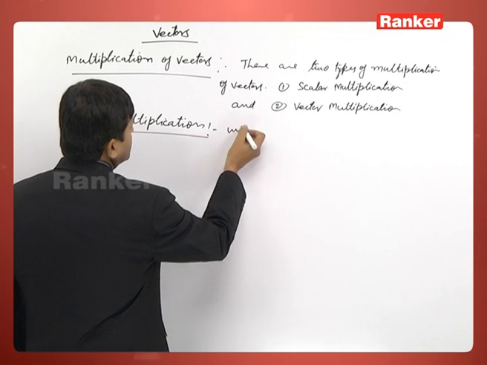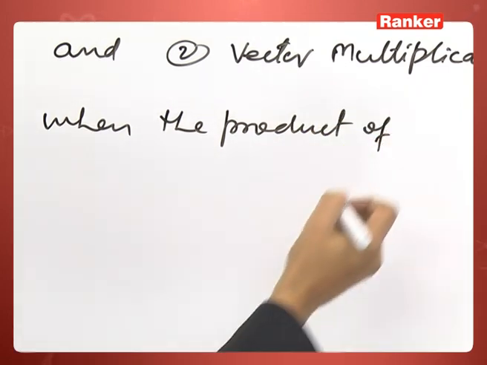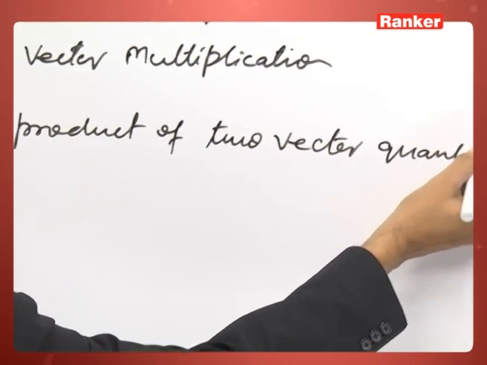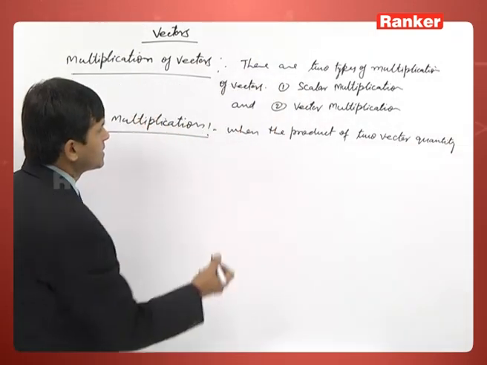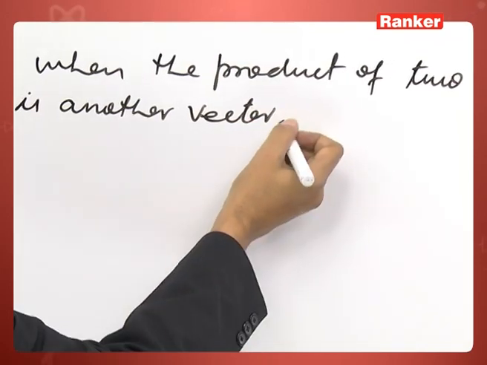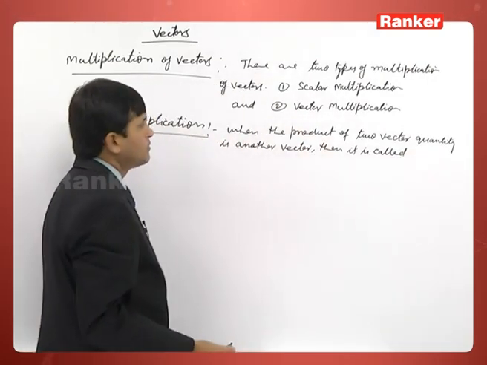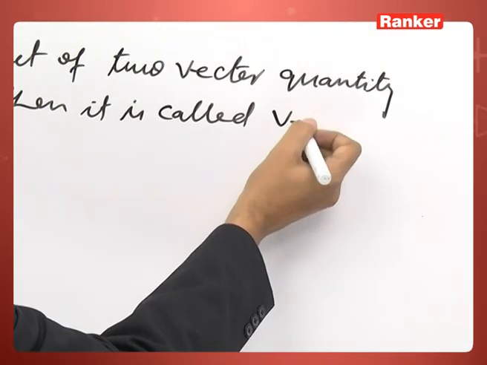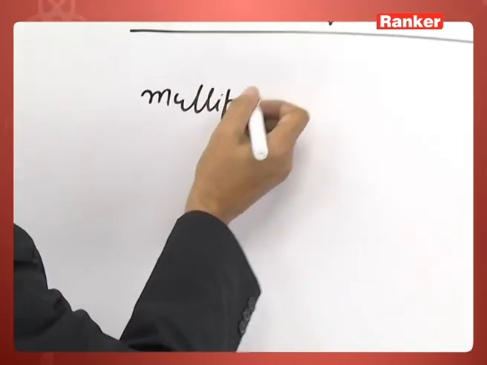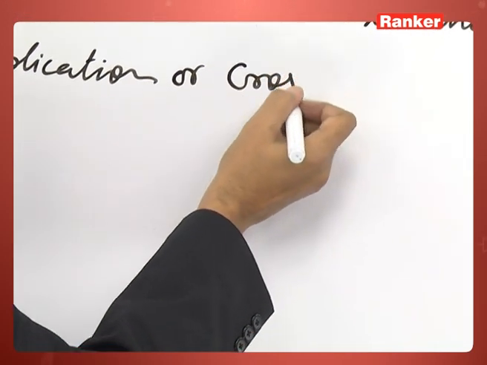When the product of two vector quantities is another vector, then it is called vector multiplication, or cross product.